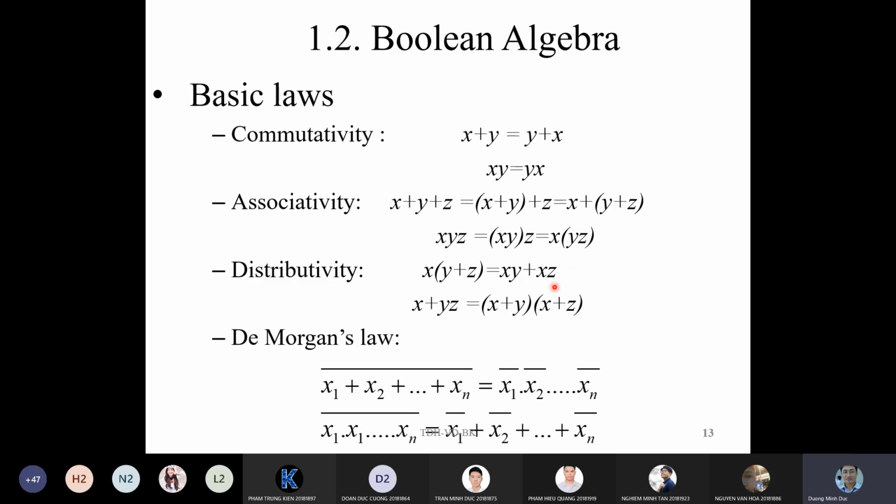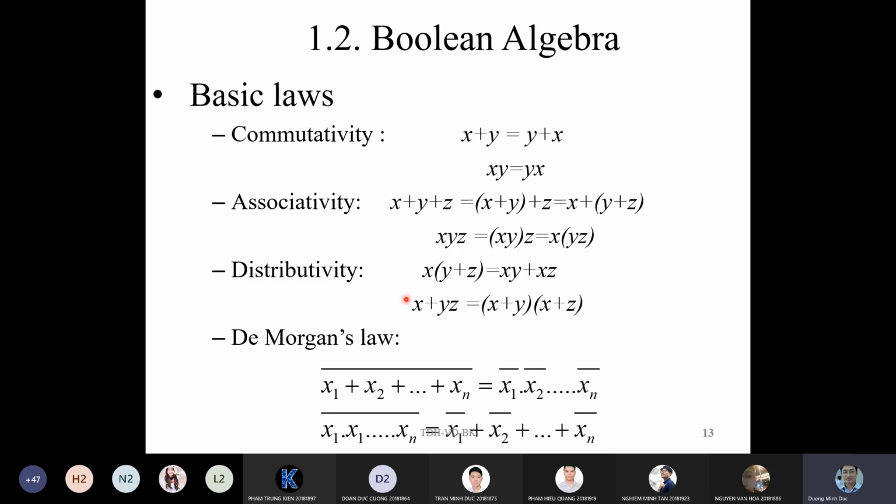So this law is very common in ordinary algebra. Tiếng Việt mình gọi là gì? Tính chất phân phối của phép nhân đối với phép cộng, hay nói khác là gì? Ta phá ngoặc đúng không? Okay. So this is very common and we can easily accept it without any proof. Okay. Of course we can prove it. I will ask you to do it later.